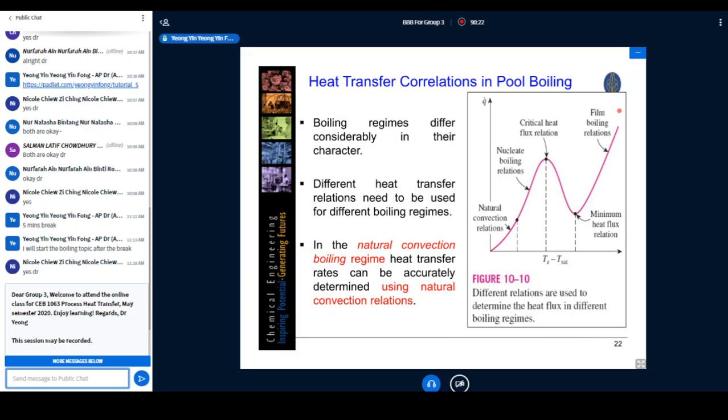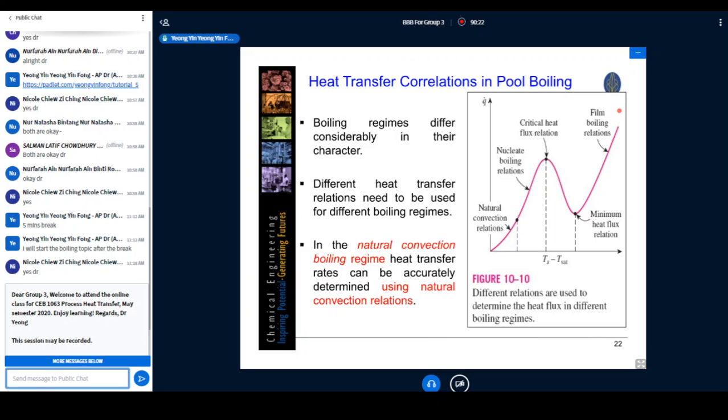This is our ultimate goal. Why? Maybe you ask me, why do I want to know each of these regions? What is the purpose? Because their behavior is not the same, that's why the correlations are also not the same.